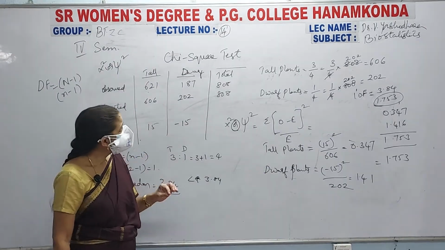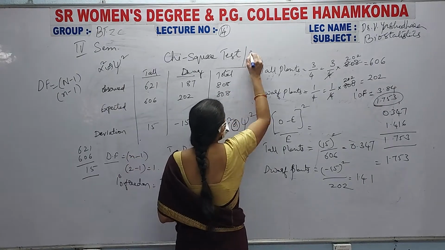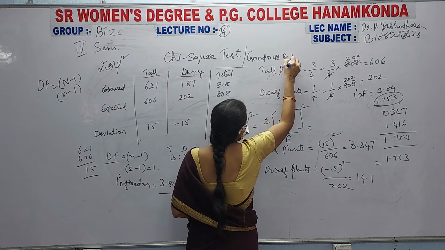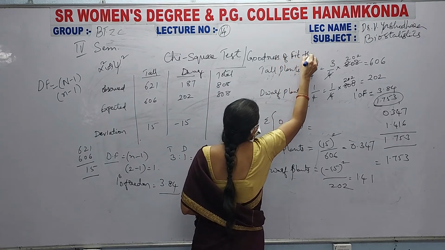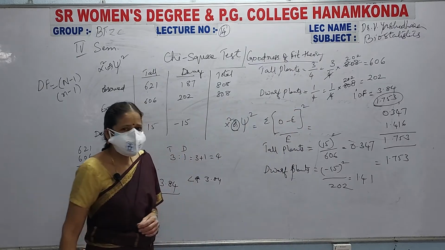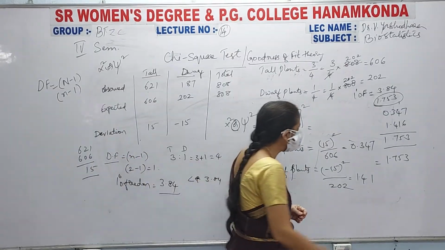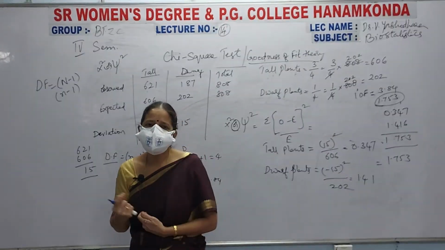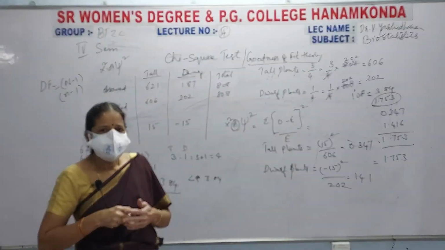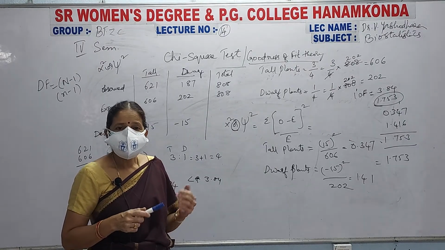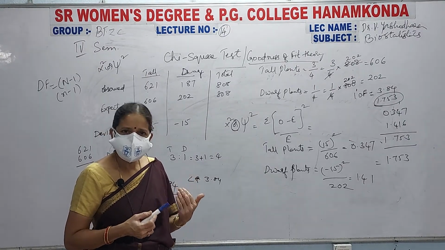So this chi-square test is also known as goodness of fit theory. What is goodness of fit theory? It means our result is obeying the chi-square test, that is, the observed and the expected values are below the given standard number.